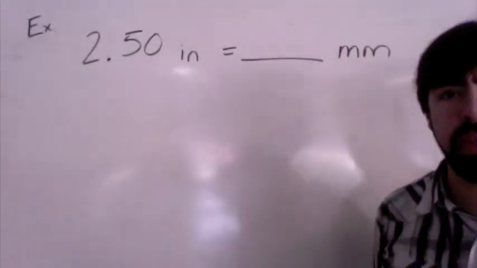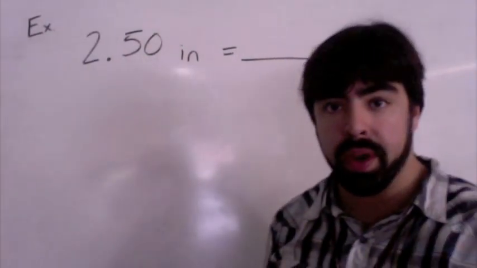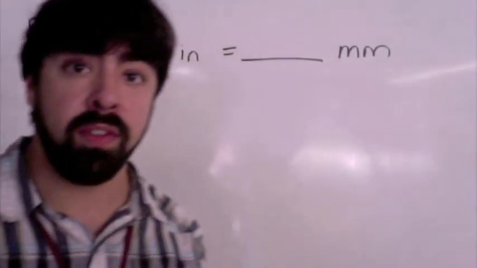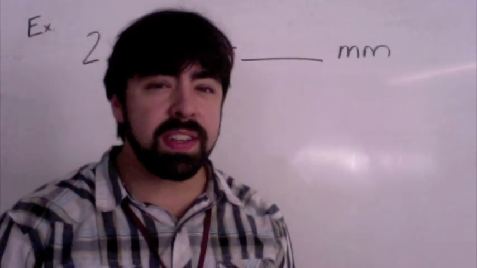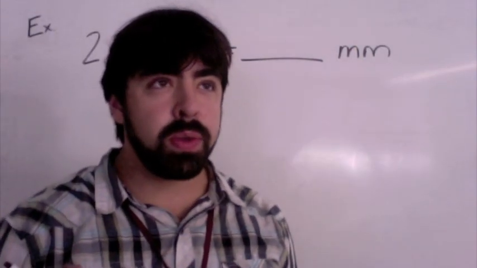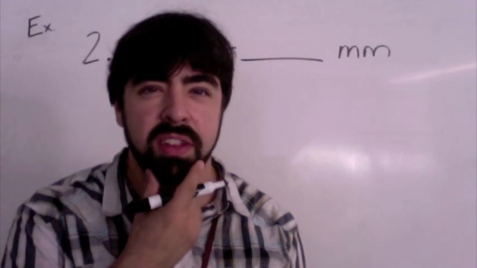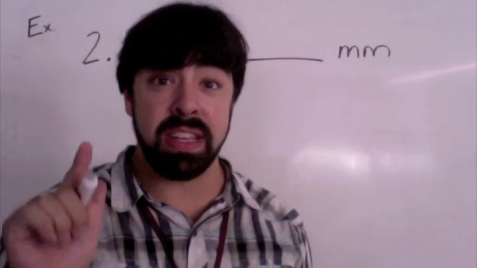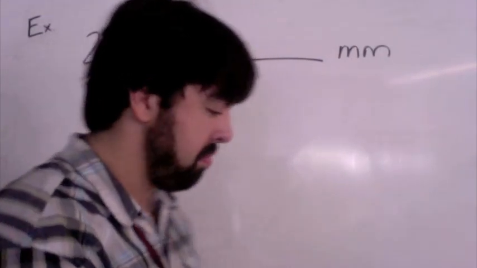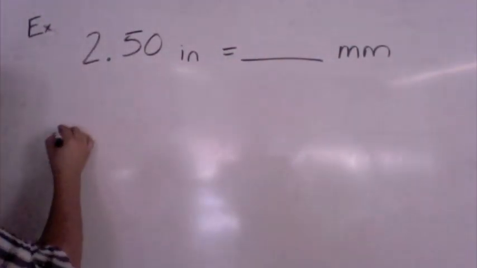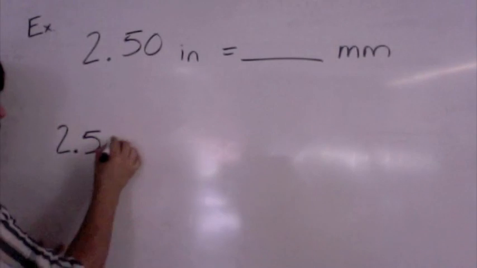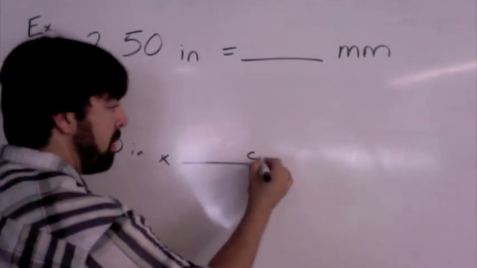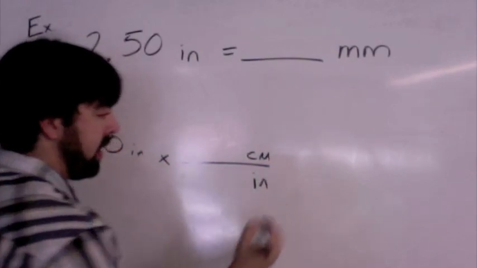How many millimeters are in 2.50 inches? Again, I'm going to give you a conversion factor. But this time, what I'm going to do is say, I don't know the exact conversion from inches to millimeters. But I do know one, how many centimeters are in an inch. So 2.50 inches times how many centimeters are in 1 inch.